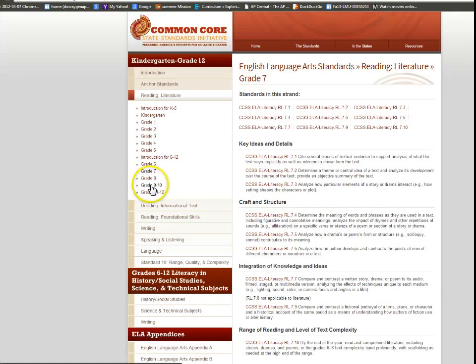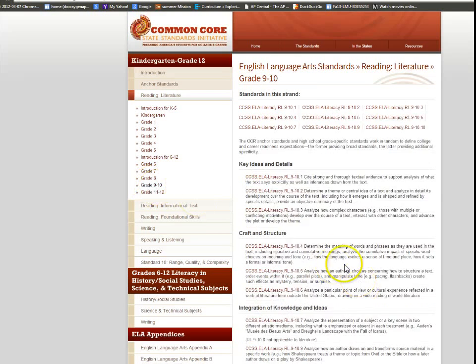Grades 9 through 10. Section 4. Determine the meaning of words and phrases as they are used in the text, including figurative and connotative meanings. Analyze the cumulative impact of specific word choices on meaning and tone. For example, how the language evokes a sense of time and place and how it sets a formal and informal tone. And then grades 11 through 12.